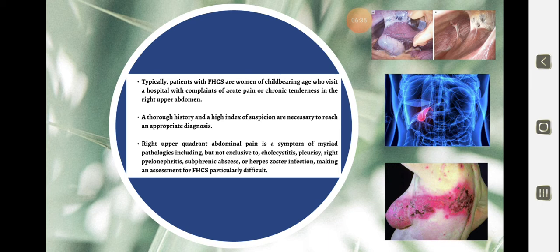Right upper quadrant abdominal pain is a symptom of myriad pathologies including, but not exclusive to, cholecystitis, pleurisy, right pyelonephritis, subphrenic abscess, or herpes zoster infections, making an assessment for FHCS particularly difficult.